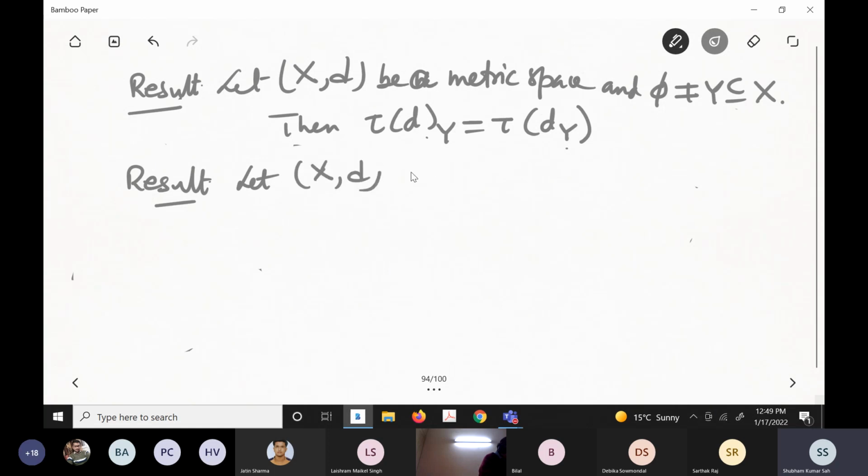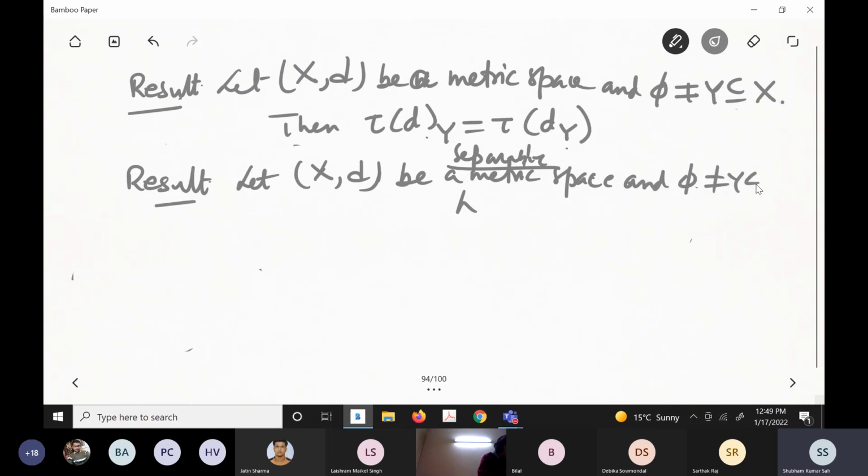I'm writing separately, but I could add it there also. Be a separable metric space. And then Y is also separable.